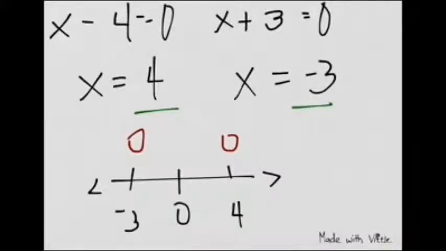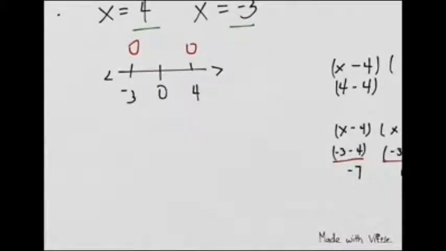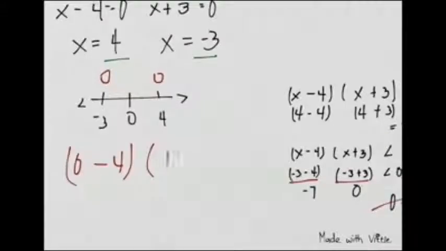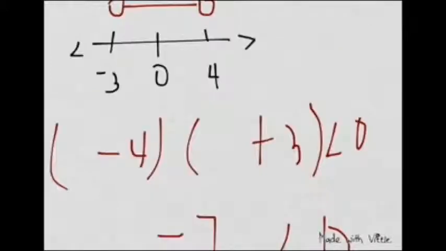Now let's test 0. If we plug in 0, we'll have 0 minus 4 times 0 plus 3 is less than 0. Put a line in between negative 3 to 4. This means that all points in between negative 3 and 4 are included in the interval.